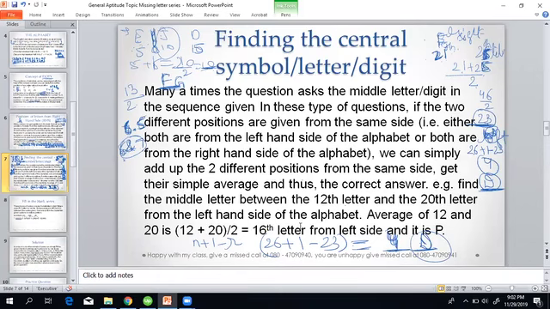And if the position is given from the right hand side and we have to find the position from the left hand side, we can also use this formula, n plus 1 minus r. So for both we can use this formula.